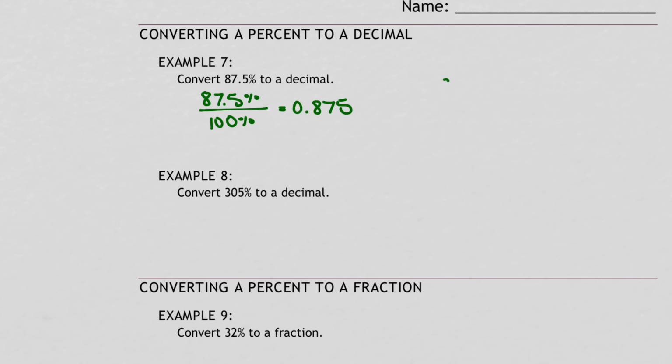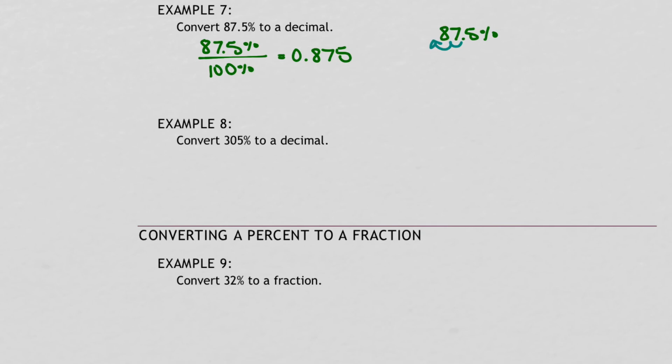You could also look at this as when you're changing from a percent back to a decimal, move the decimal place 2 places to the left. Then for 305% to change to a decimal, we divide by 100%, 3.05. Or again, move the decimal 2 places to the left.